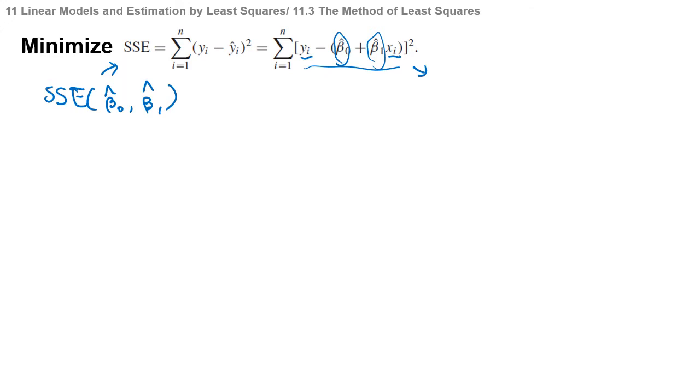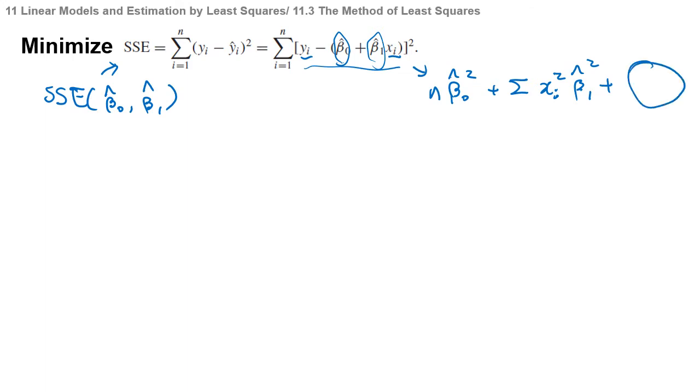If we expand this, we can see that we have n times beta 0 hat square, plus sum of xi square times beta 1 hat square, and plus something else.